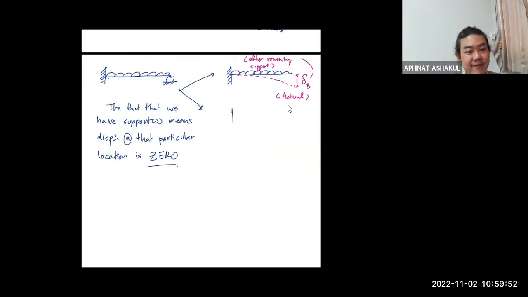If we remove the support, your structure will deform because there is no force to hold the displacement back. You should get this concept from statics: displacement is opposite to the force. When you have the force, you don't have displacement, and when you have displacement, you don't have the force. That's your definition of boundary conditions.